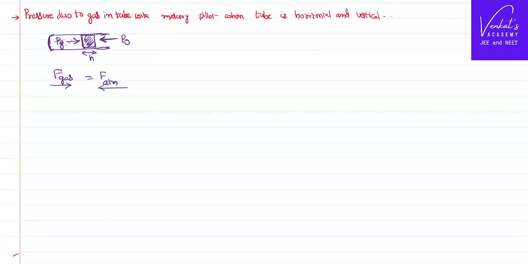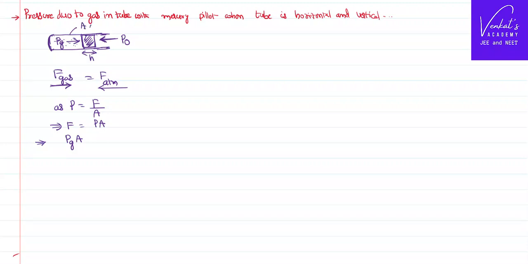What is the formula for the pressure? As per the definition, pressure is defined as force by area of cross section. That implies force can be written as pressure into area. That implies force of the gas can be written as pressure due to the gas into area of cross section.